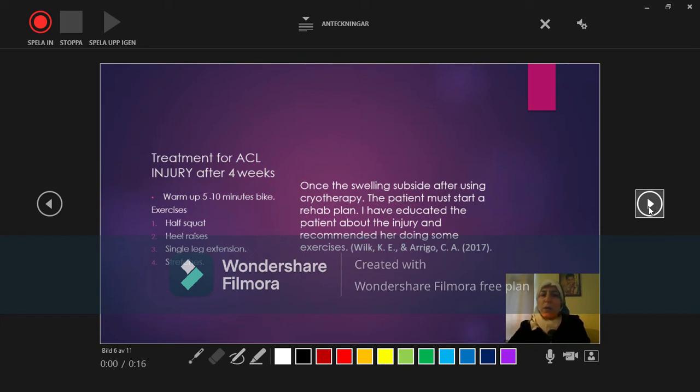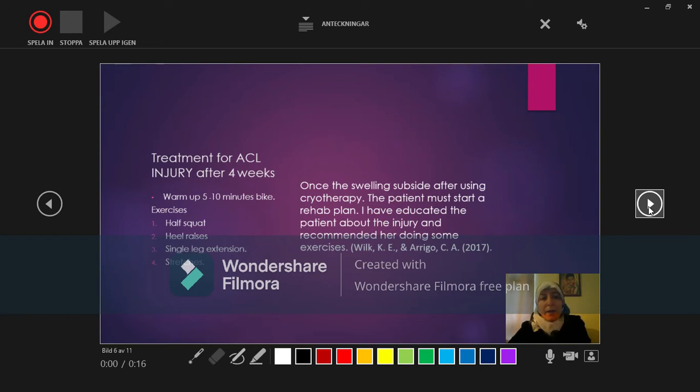We waited for the swelling to subside, using cryotherapy, and then the patient started a rehab plan. I educated my patient about her injury and recommended she do some exercise at home or some swimming on the side.